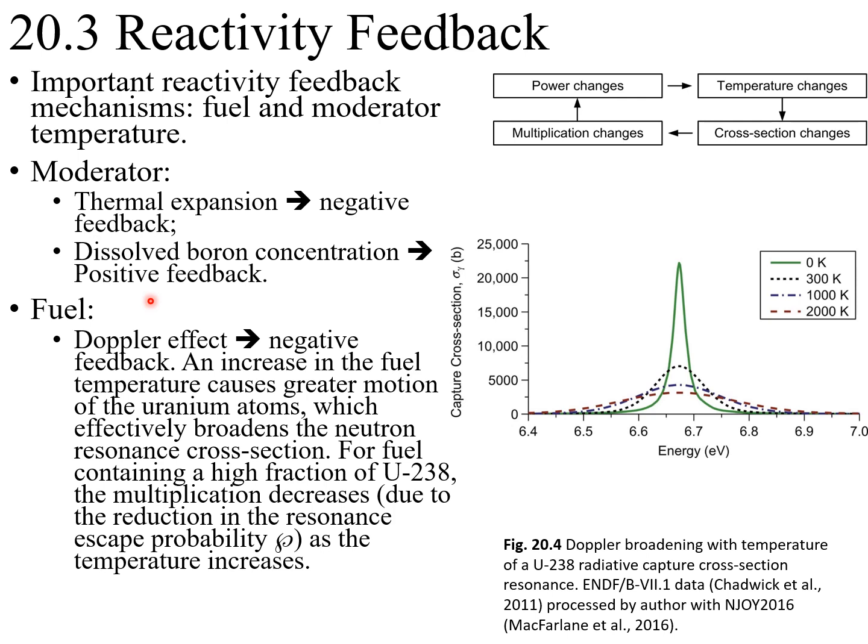In the moderator, normally there is dissolved boron. Boron is a neutron absorber. If the moderator expands, you also have a lower boron concentration. Less boron means that fewer neutrons are absorbed. In that case, you have a positive feedback, because with fewer neutrons absorbed, more neutrons can be used to trigger the fission reaction.